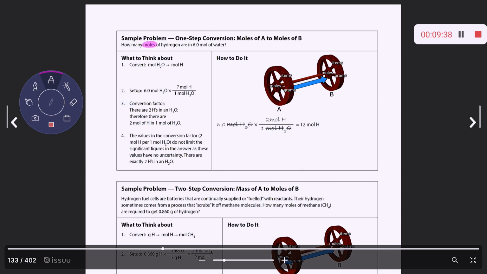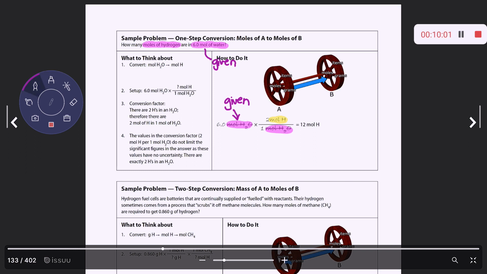They want to know how many moles of hydrogen are in 6 moles of water. So you are given moles of water, which is why it is written here. Moles of water is on the diagonal. They want us to solve for moles of hydrogen, so that's why moles of hydrogen is up on the top.